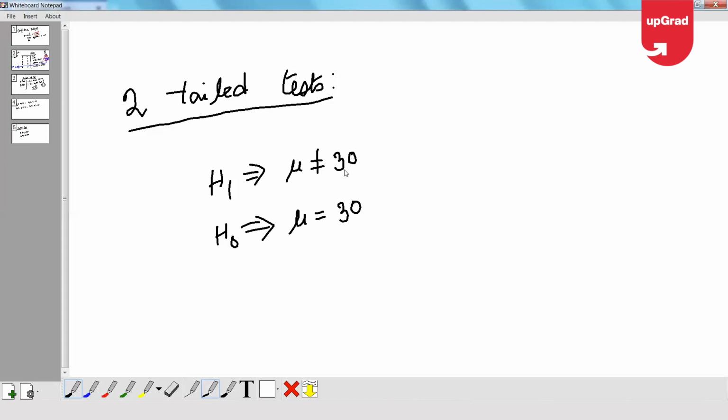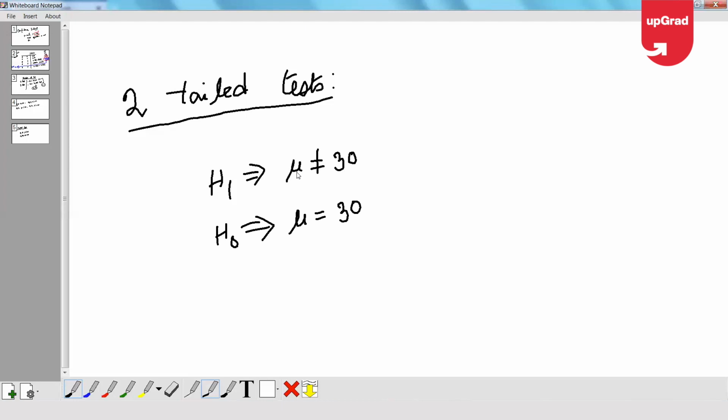How to do these tests we will discuss in detail, but right now let's just understand this part, that two-tailed tests denote equality or inequality.